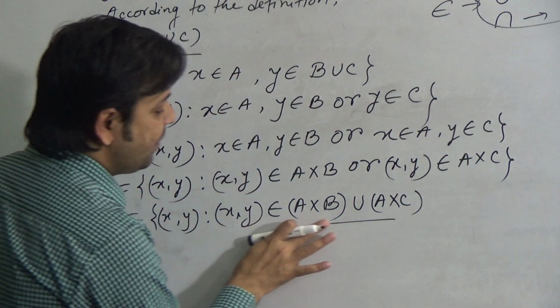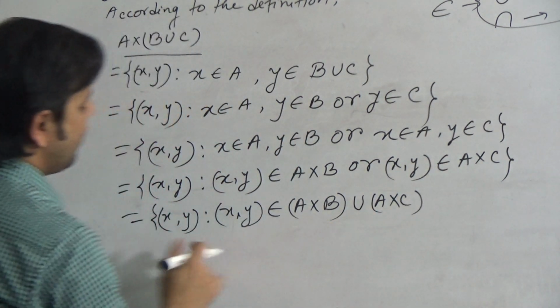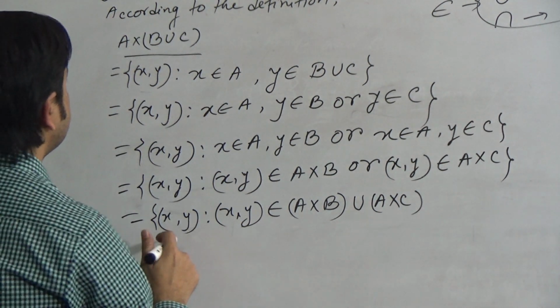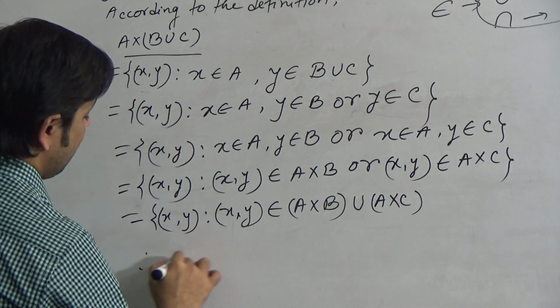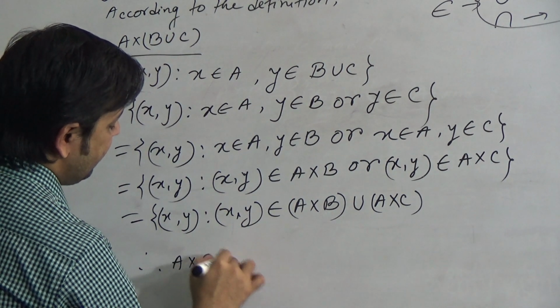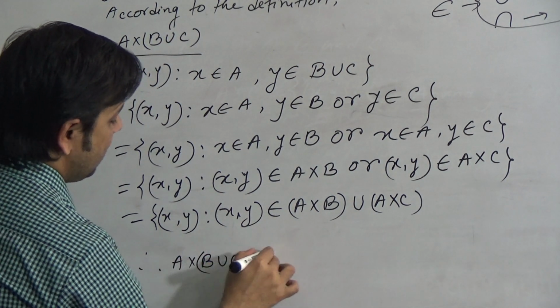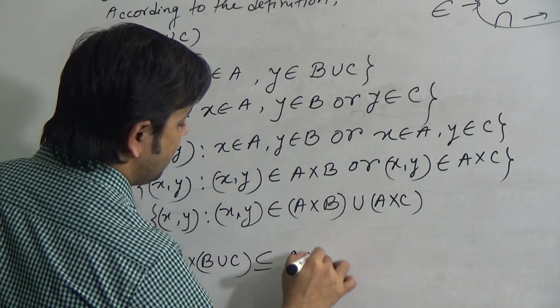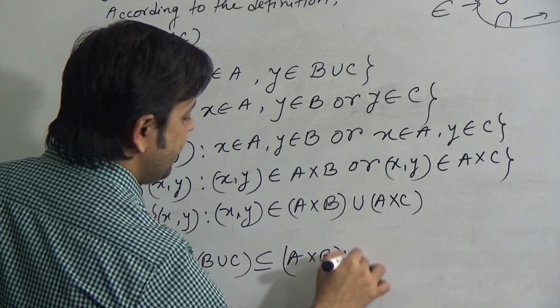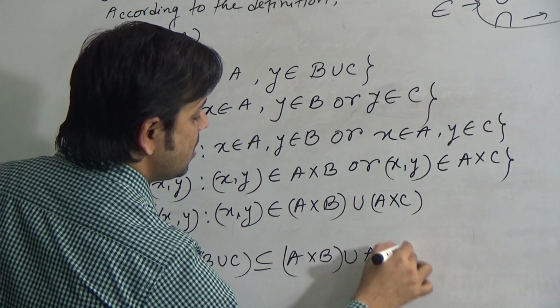So, we can say left hand side is a subset of right hand side. So, we can say here A cross B union C is a subset of A cross B union A cross C.